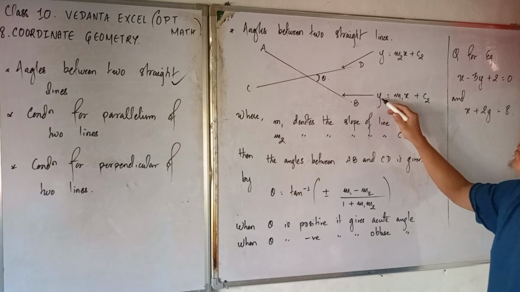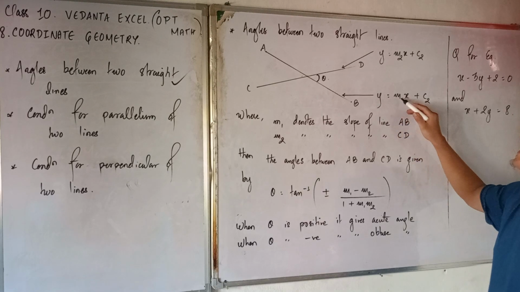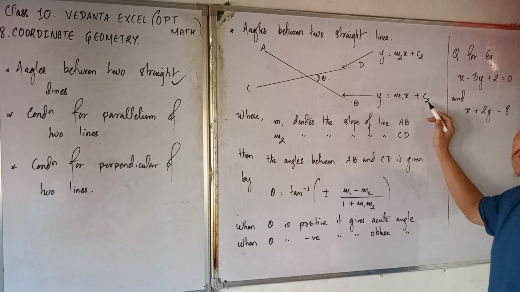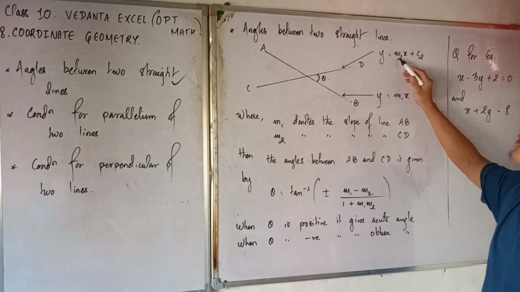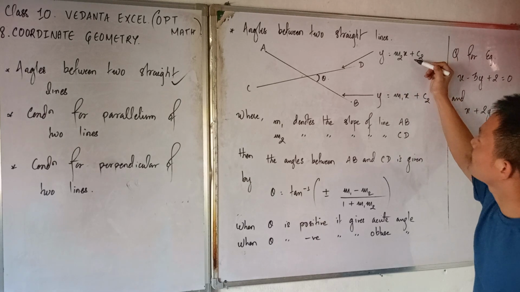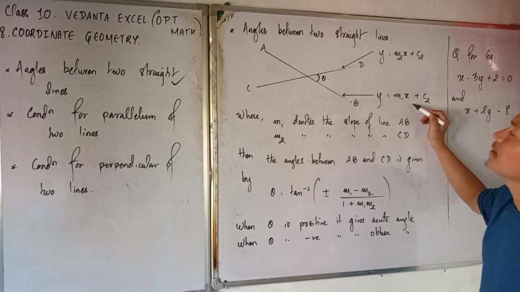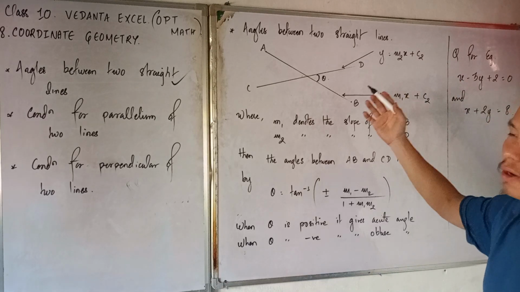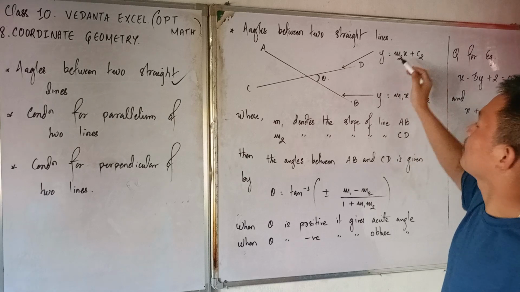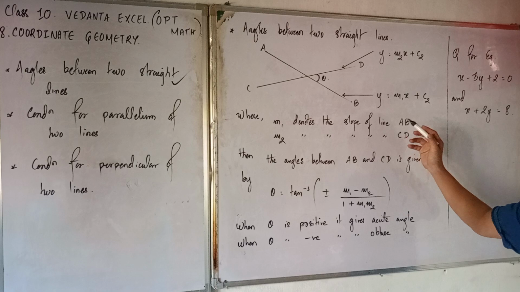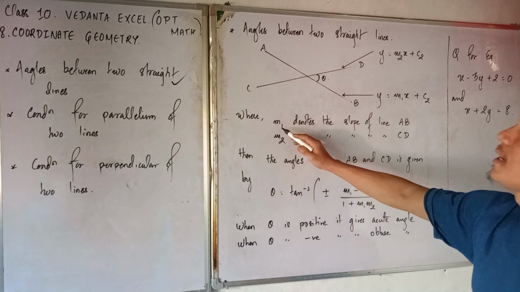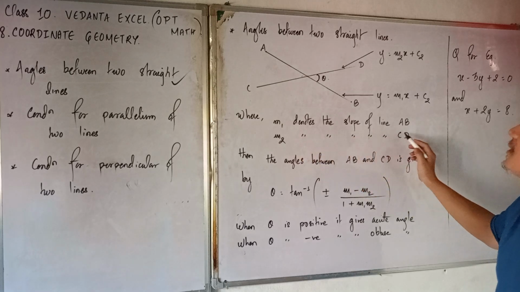The equation of line AB is y equals m1x plus c1, and the line CD equation is y equals m2x plus c2. Here m1 denotes the slope of line AB, and m2 represents the slope of line CD.